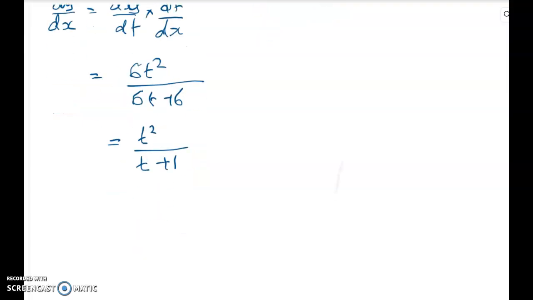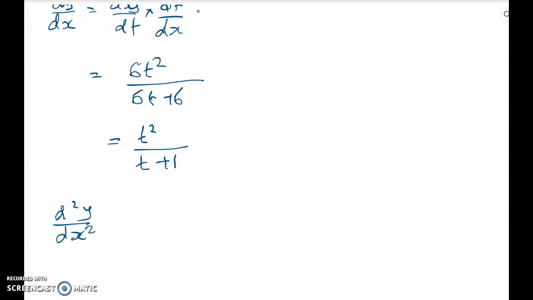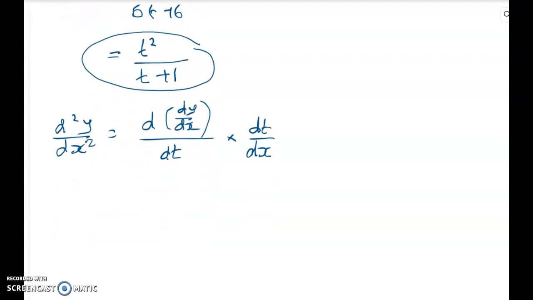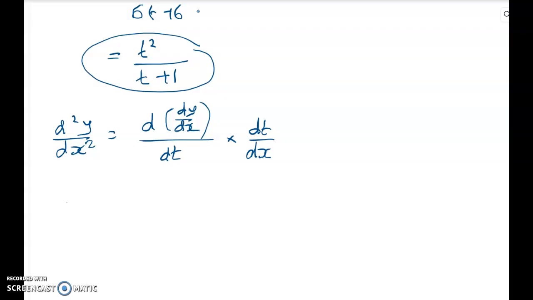Now to find the second derivative, what we have to do is we're going to take that first derivative and we're going to differentiate it with respect to t, because that's all we can differentiate it with respect to directly. To get the with respect to x, we're going to use the chain rule. So that's how we do a second derivative with parametric.